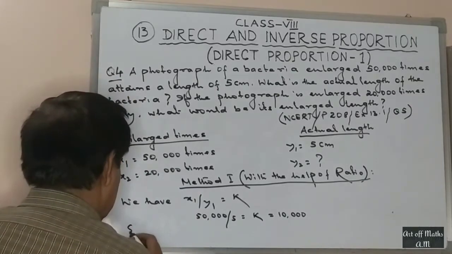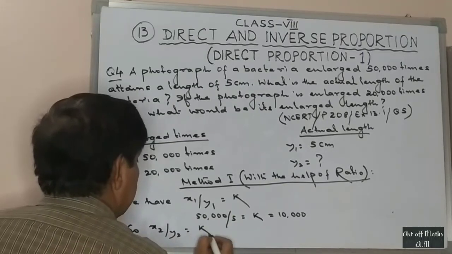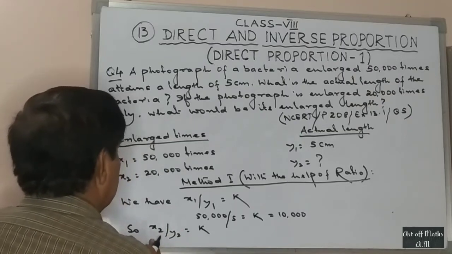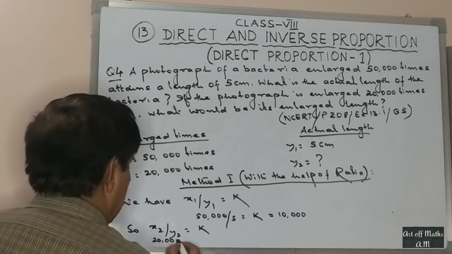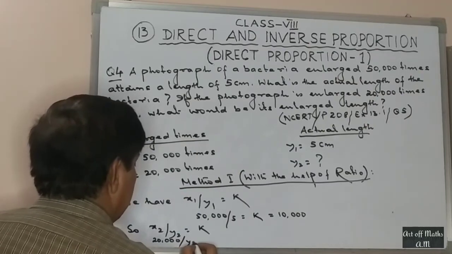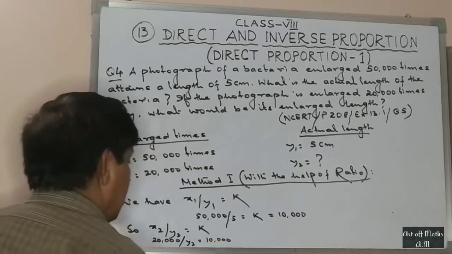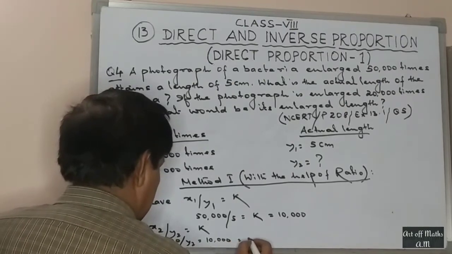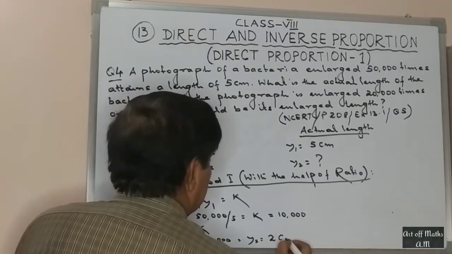Similarly, x2 by y2 is also equal to k. Now x2 is 20,000 divided by y2, to be found out, equal to k. By cross multiplication, y2 equals 2 centimeter.